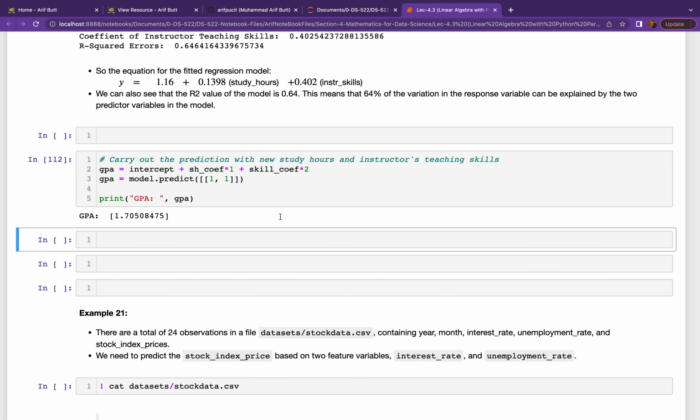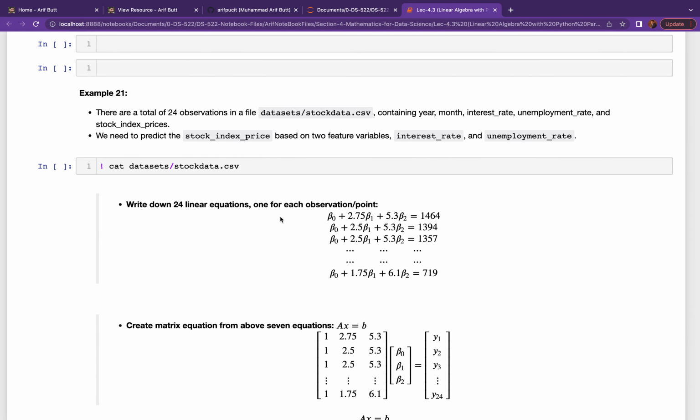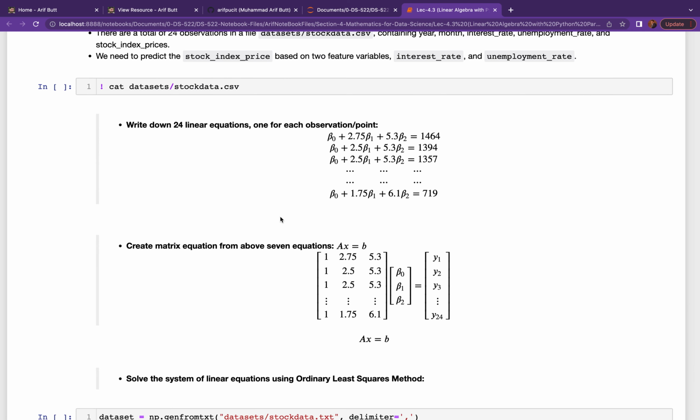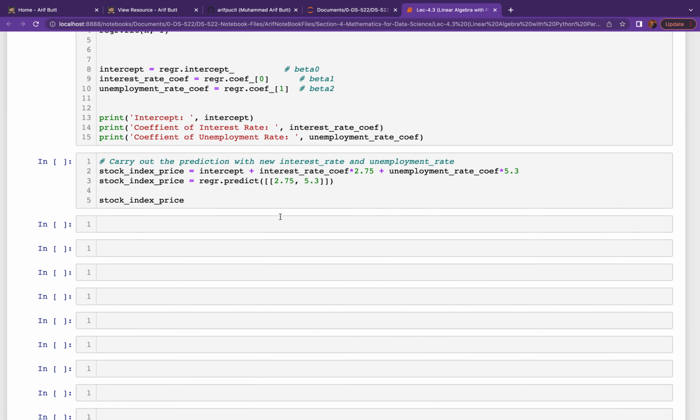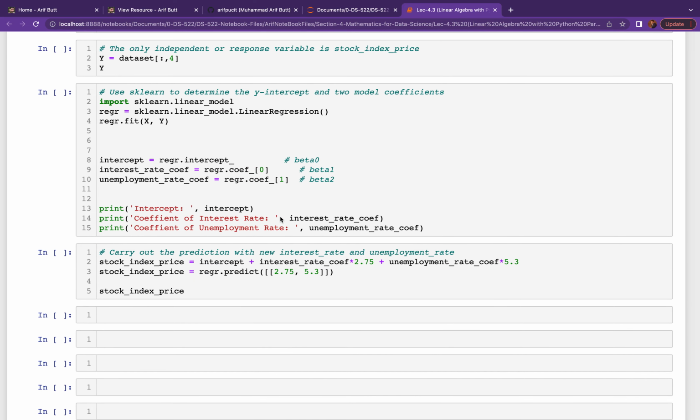Anyway, I do have another example as well, which reads the data from a CSV file related to stock price. Please do go through this example for a better understanding of multiple linear regression. And I think that is all for today's session.